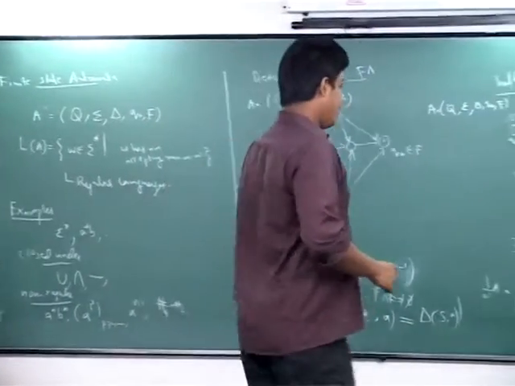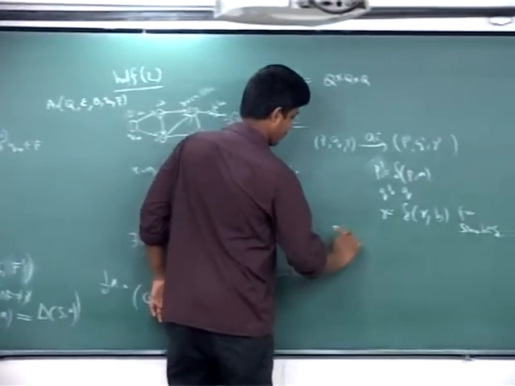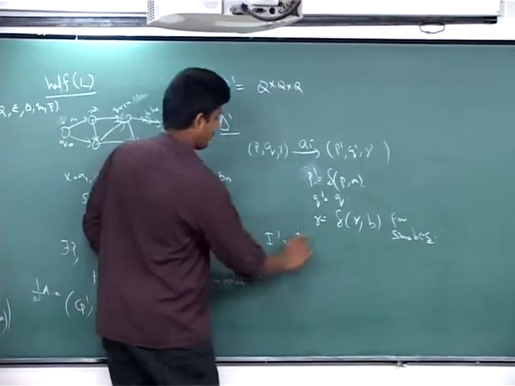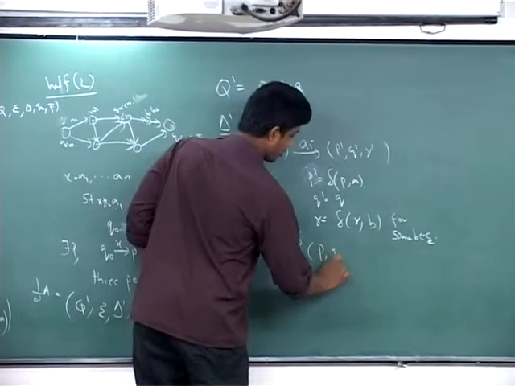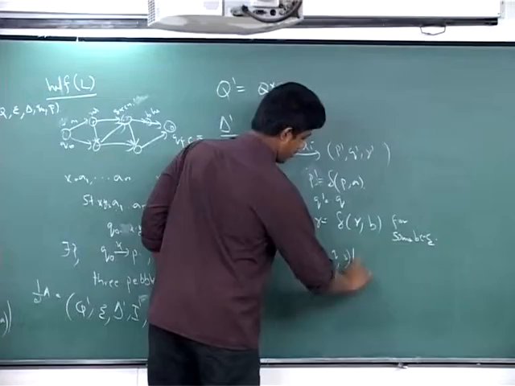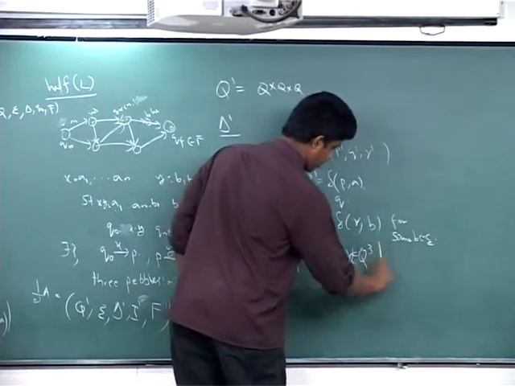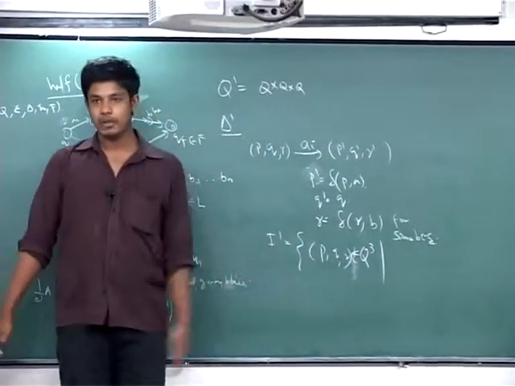And what is the initial state? How does the initial state look? The set of all P, Q, R such that, first of all, it is an element of Q. What is the relationship between P, Q, R?